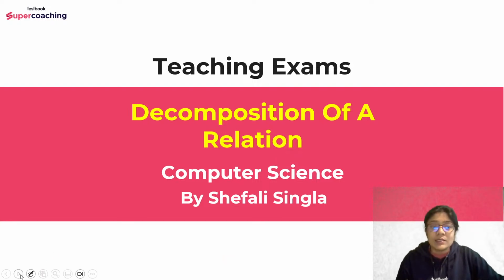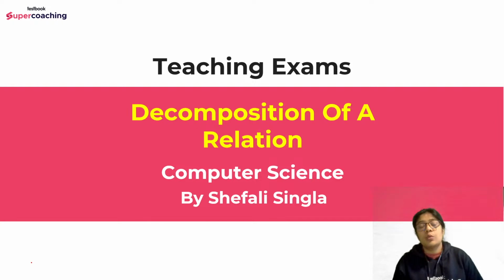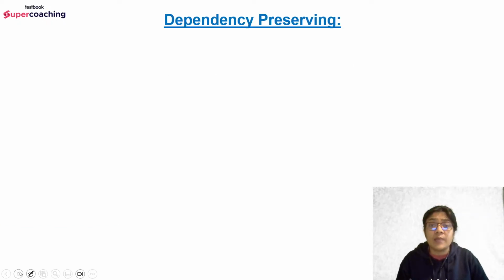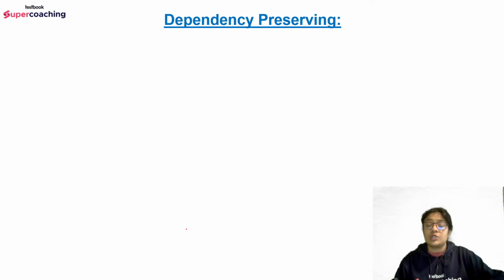So as discussed yesterday, when you are trying to join the sub relations, then on joining them, you may get some extra rows. But जब हम dependencies की बात करते हैं तो sometimes what happens is जो भी relation R में dependencies given है, some of the dependencies may get lost.